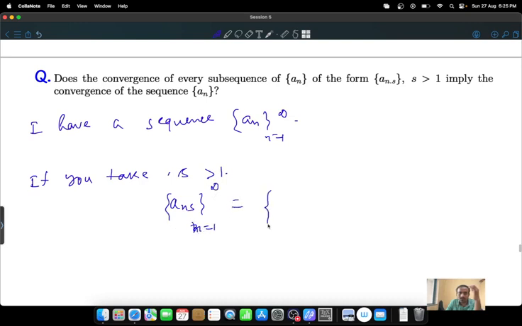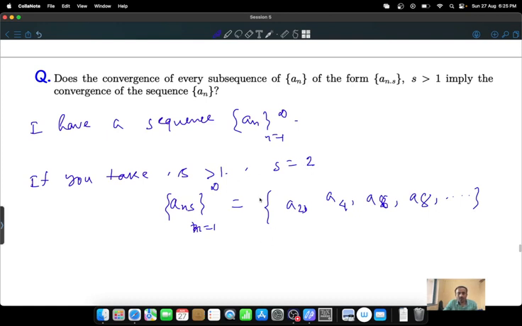Now how does this subsequence look? For example, s equals 2, then it looks like a2, then the second term will be a4, then a6, a8.